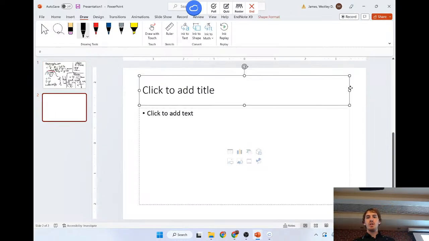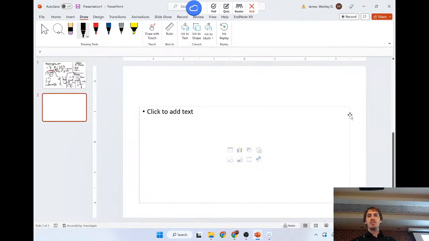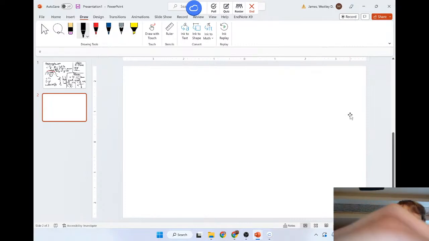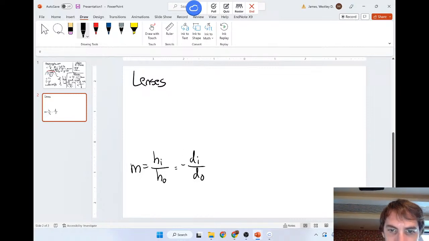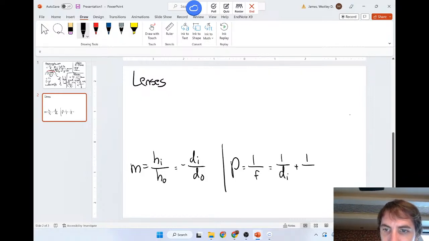All right, let's quickly draw a convergent lens and a divergent lens. So, lenses. I'm just going to put our equations down here. These are the 2 equations. Magnification is HI over HO, which equals negative DI over DO. And then power equals 1 over F equals 1 over DI plus 1 over DO.